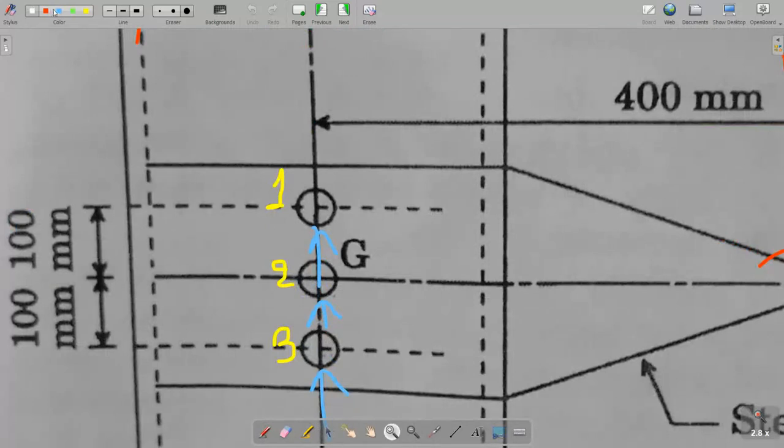Okay, so as you can see here, as this force is acting downward, this will apply a moment in the clockwise direction. So the bolts will try to resist in the opposite direction, anti-clockwise, but due to this moment the resisting force will be in this horizontal direction.